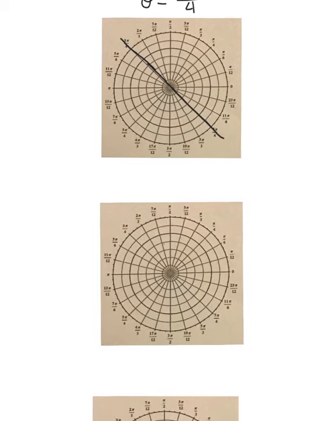On our next example, we are going to look at the equation of r times cosine theta equals 3. What helps me on this is thinking about what we defined the cosine as. We defined the cosine as the x coordinate. So this is the same as if we were drawing a line that says x equals 3.